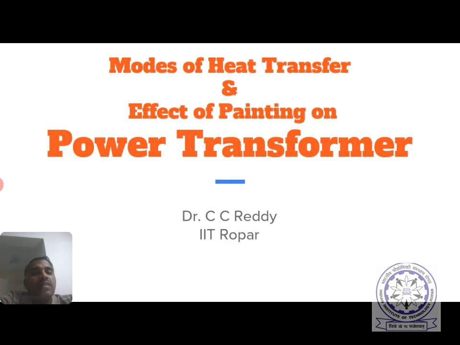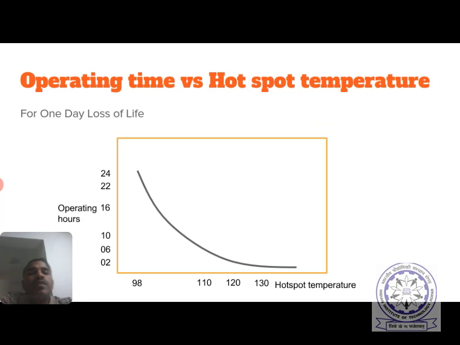of a power transformer. This is operating time versus hot spot temperature, just an extension to our previous study on the importance of temperature. You can see here the characteristic for 1 day loss of life. What is the operating duration for a given hot spot temperature?